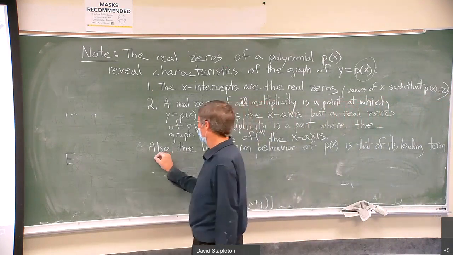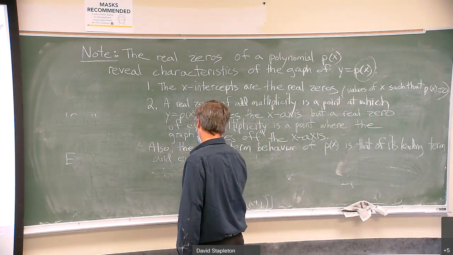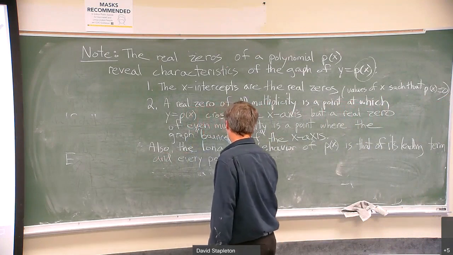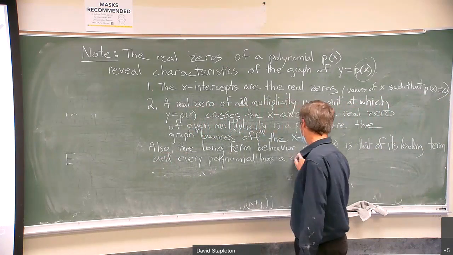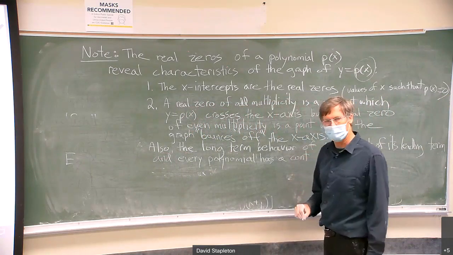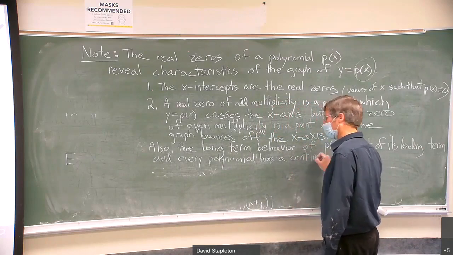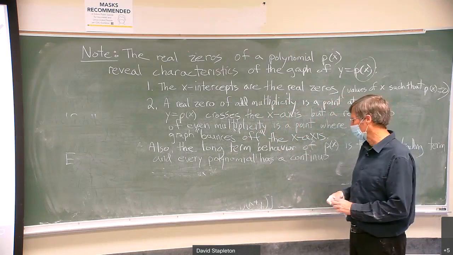And every polynomial has a smooth, continuous graph. Can't prove that now, you can prove it in calculus. We haven't defined what continuous means. So continuous, it means it doesn't have any breaks in it, is intuitively what it means, right?